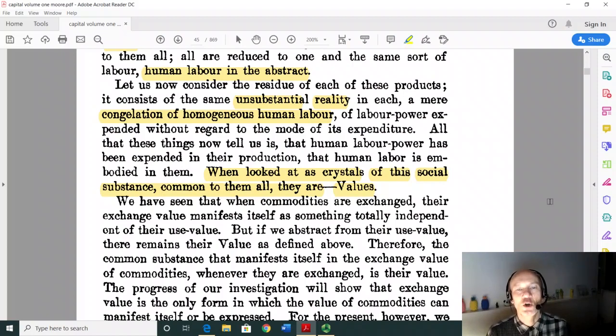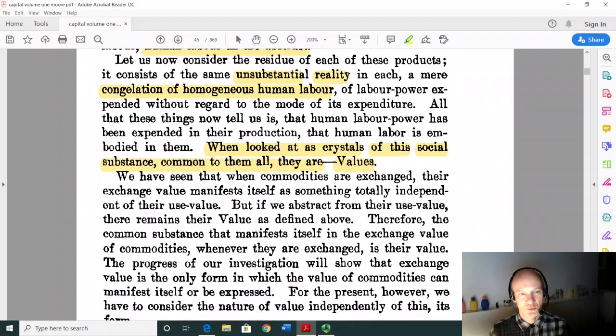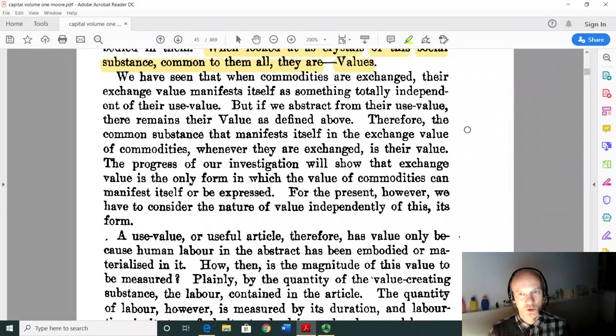So the commodities looked at under this abstracting perspective are called values. And that is entirely different from their use value. Their concrete specific use values are irrelevant when the commodities are looked at under this perspective. Only their value in this abstract sense, being crystals of abstract labor, matters.